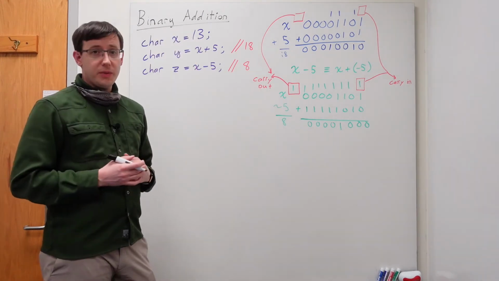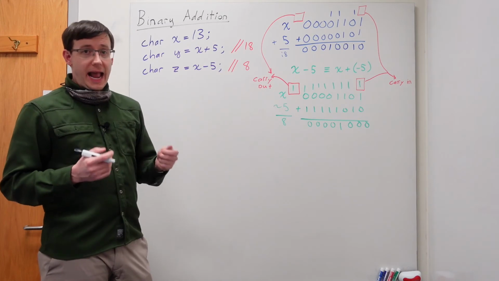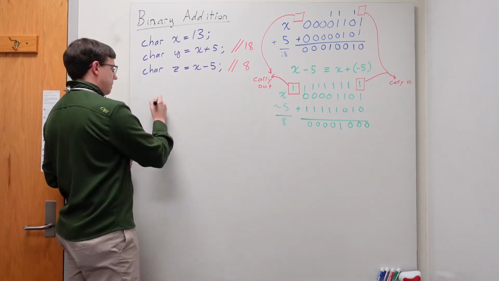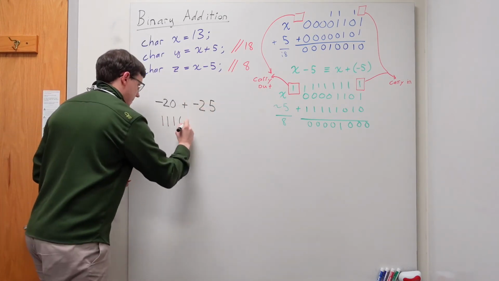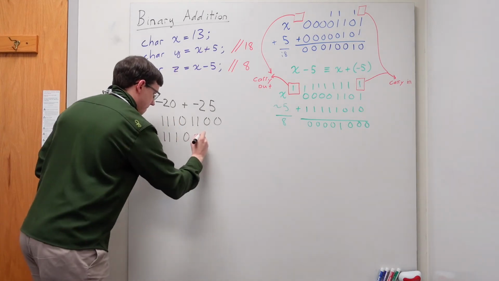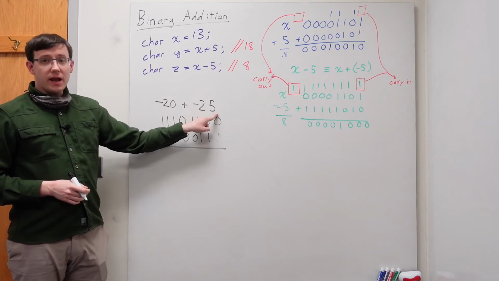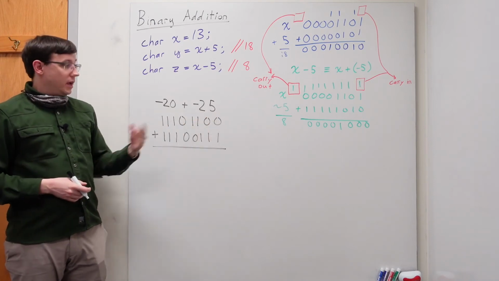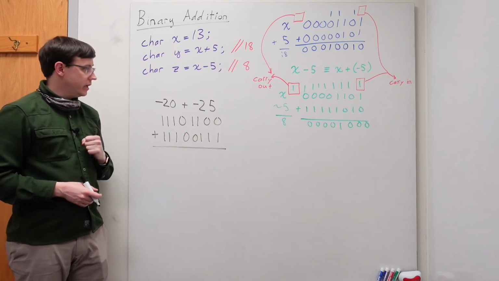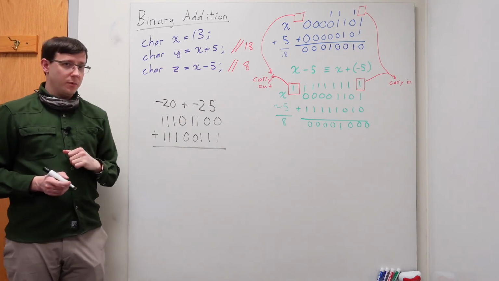Let's do another 8-bit example, and we'll start by adding two negative numbers. This is an addition problem, and so we don't have a carry in. And so now we can compute the sum of these two negative numbers.